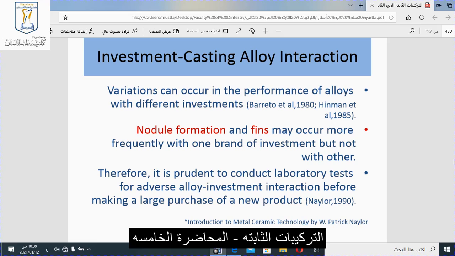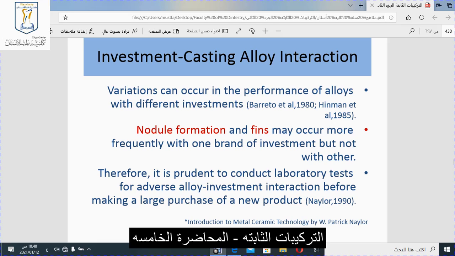In case of gypsum bonded investment, you must not let the investment material receive high heat, because it will disintegrate and produce fins. So nodule formation and fin formation, or rough cast, can be produced with phosphate bonded investment when you use water as a liquid. To overcome this problem, we have to use silica gel as the liquid.